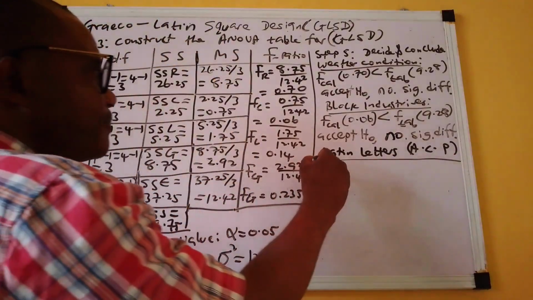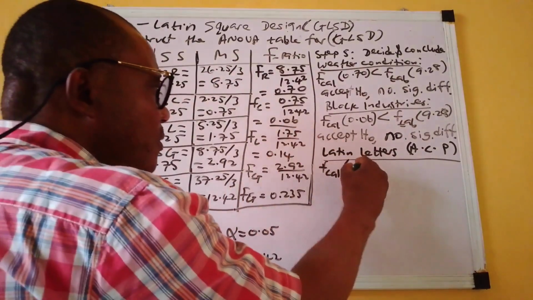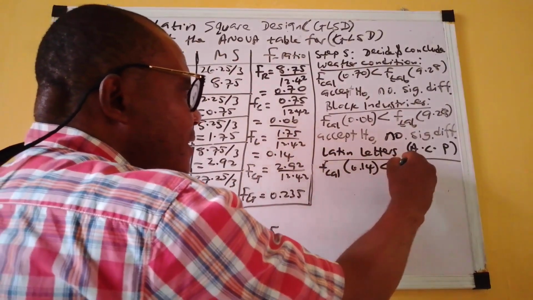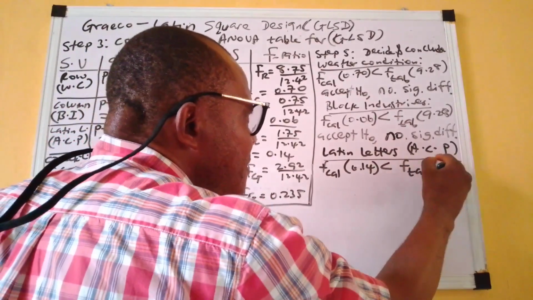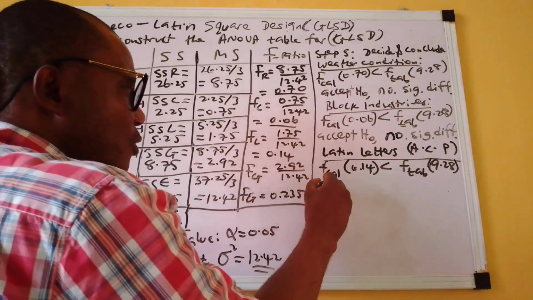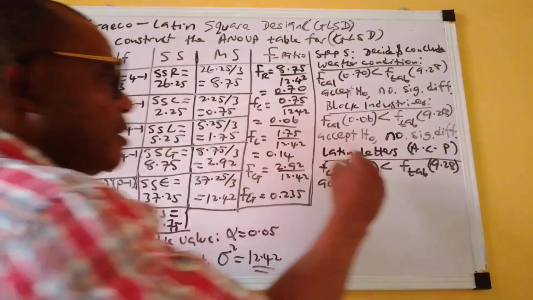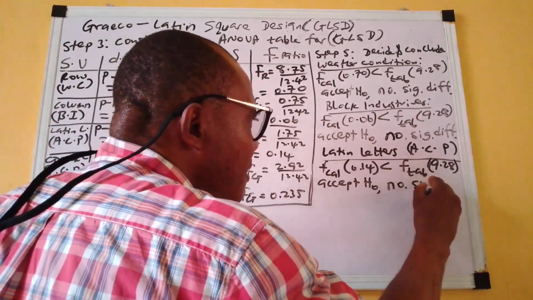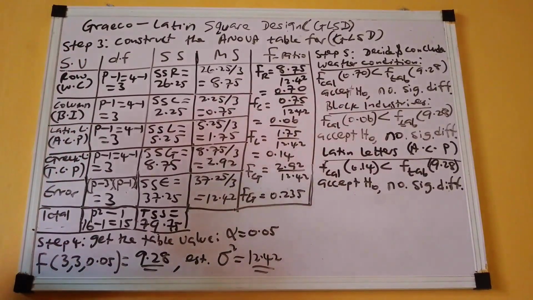We have our F-cal of 0.14, which is less than F-tab of 9.28. So if calculated is less than table, you accept HO again. That means no significant difference between the IOP cement products, which are the Latin letters.